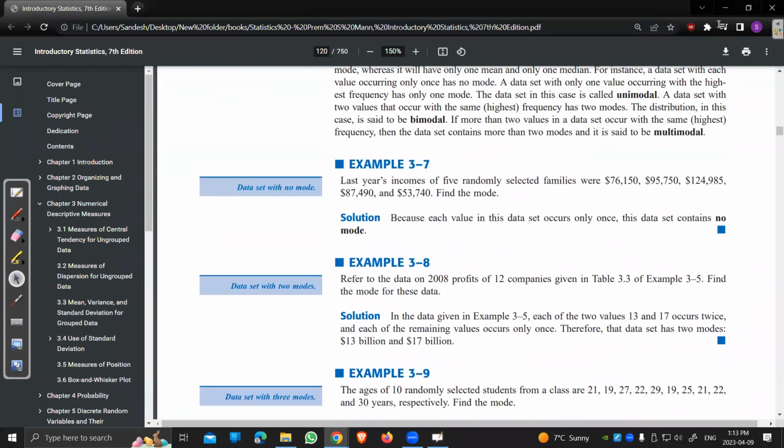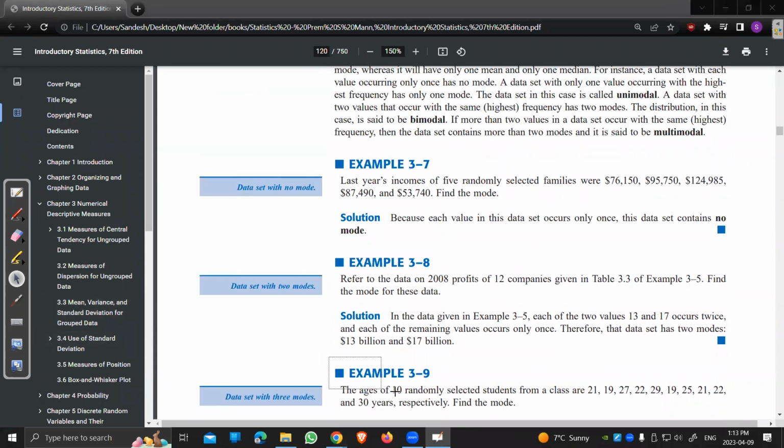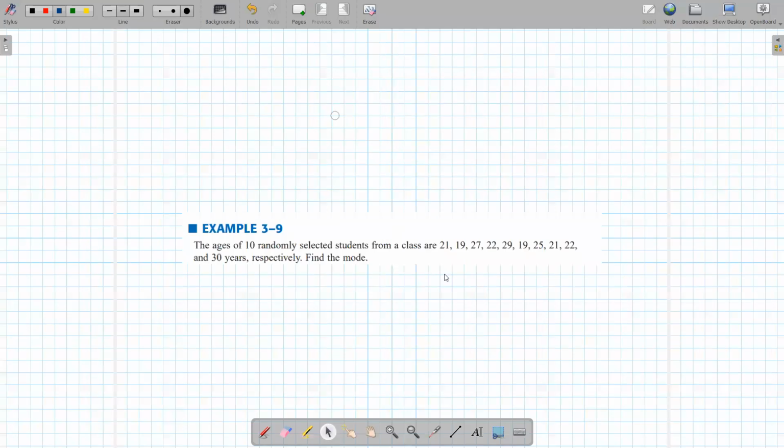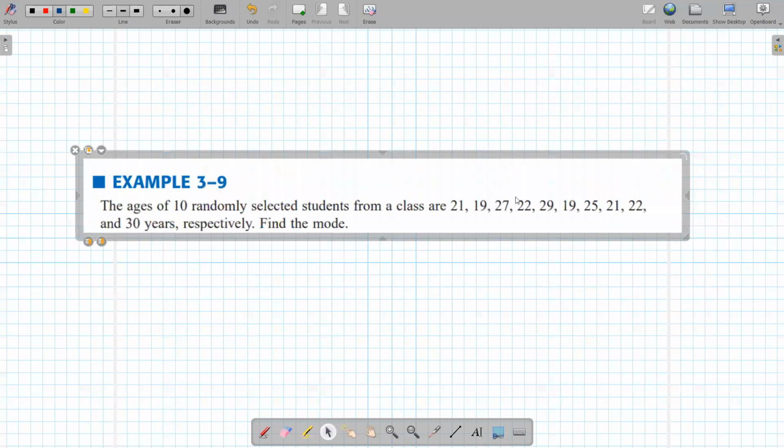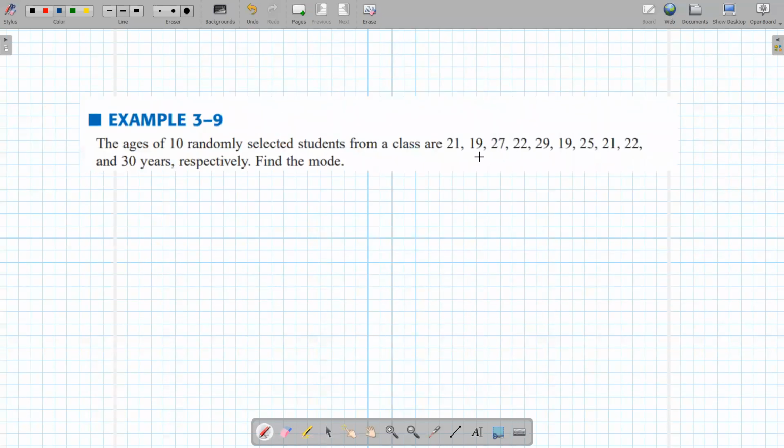Then you can also have something like multiple modes, like for example in here. In here you have 2 19s, 2 22s, 2 21s. Okay, that's already been done.